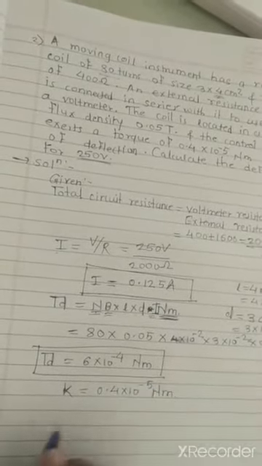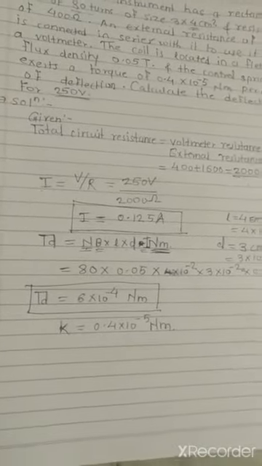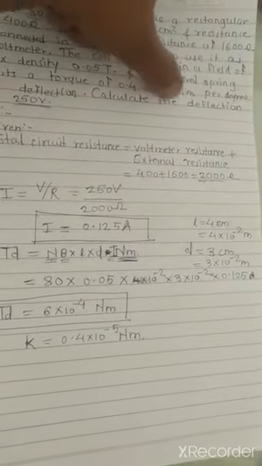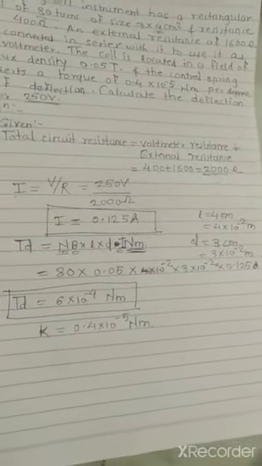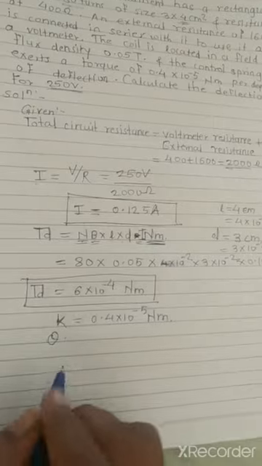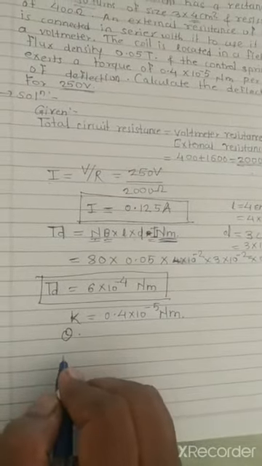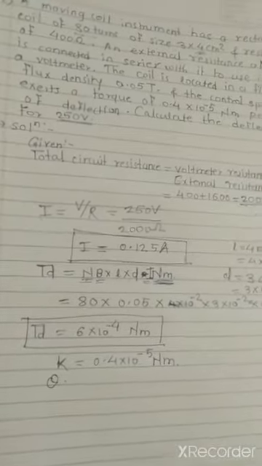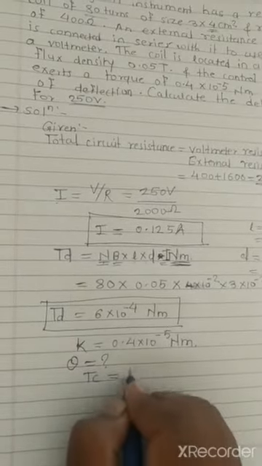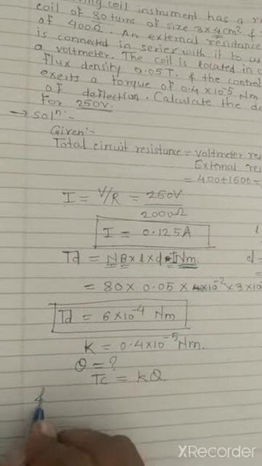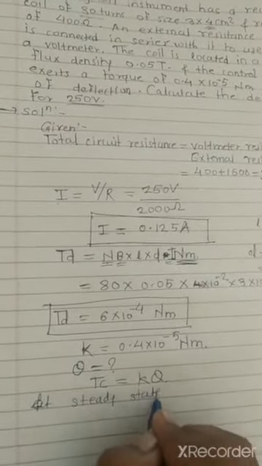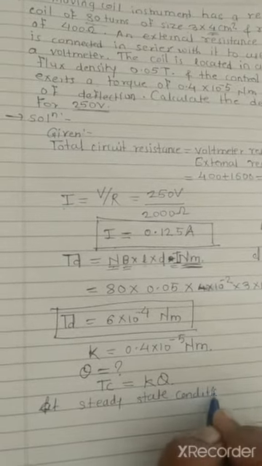Now what do we have to calculate? Calculate the deflection, which means we have to calculate the value of theta. We know the formula for controlling torque: controlling torque TC is equal to K into theta, and at steady state condition TC is equal to TD.